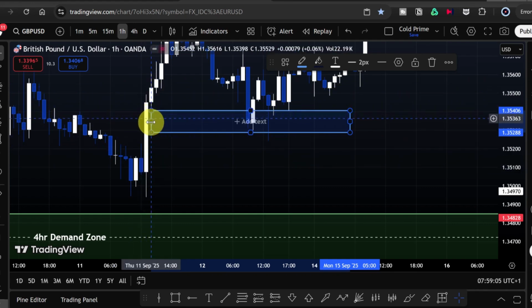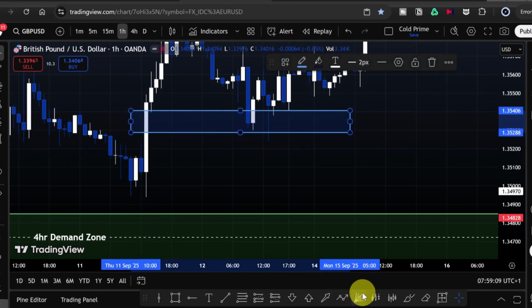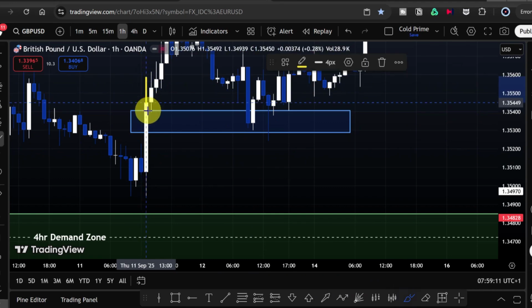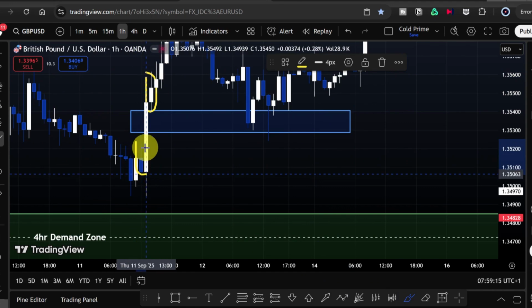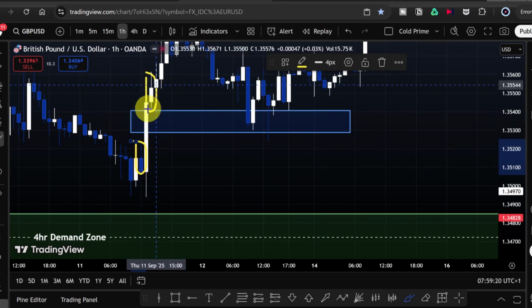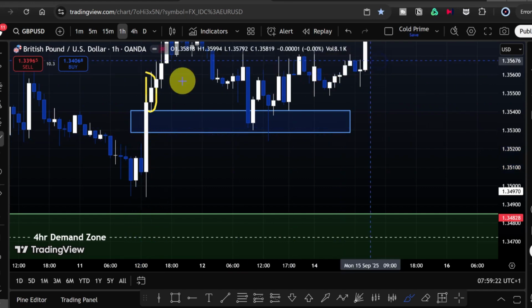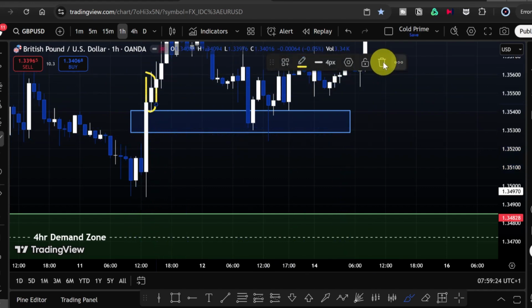Now the wicks of this one here and this one here don't have to meet. So this is one here, and this is another one here. So this is a massive impulse. Now the space in between these two candles is what we call the fair value gap, right? That's just in simpler terms, right?